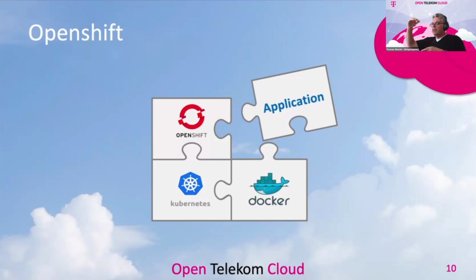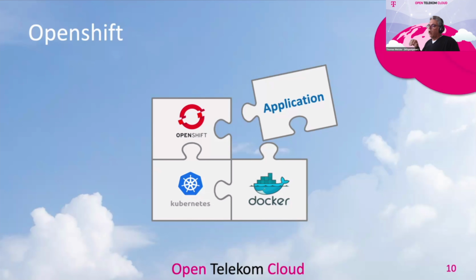And on top of that, there are additional functionalities. And these functionalities are bound together into a product called OpenShift. So OpenShift has everything which Kubernetes has, plus some additional functionality.